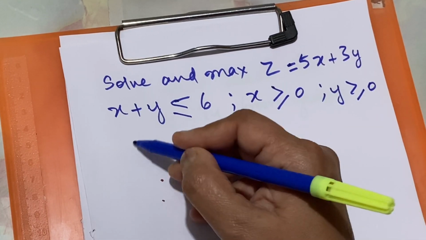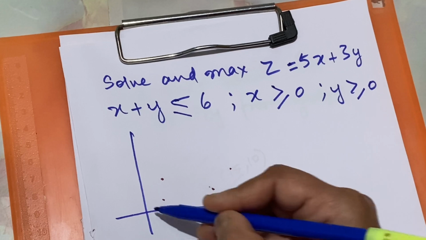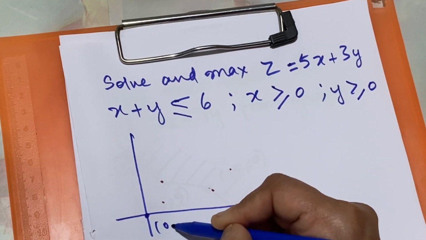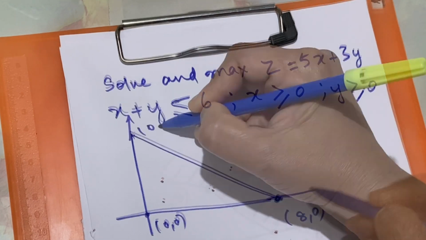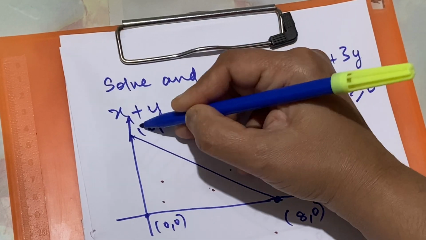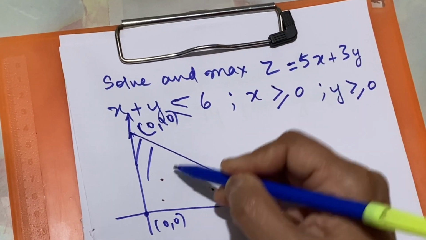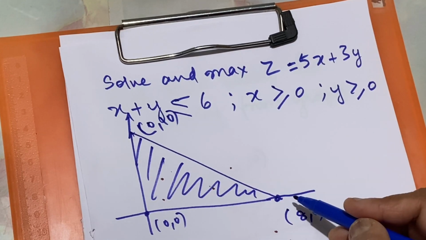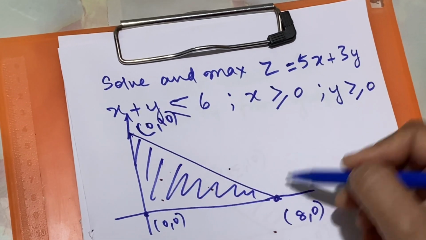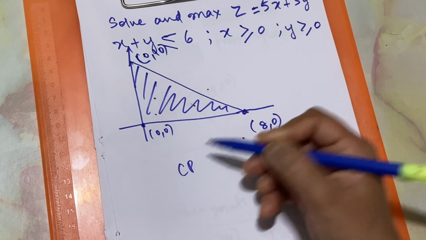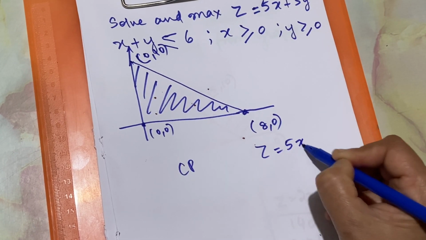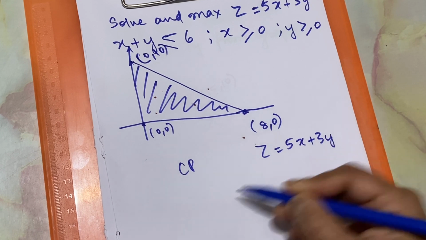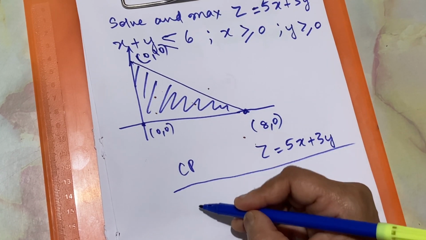Now the graph given looks like this. Zero, 10, and this is the feasible region. Here we have only 3 corner points. Now I write down the corner points and substitute in objective function.